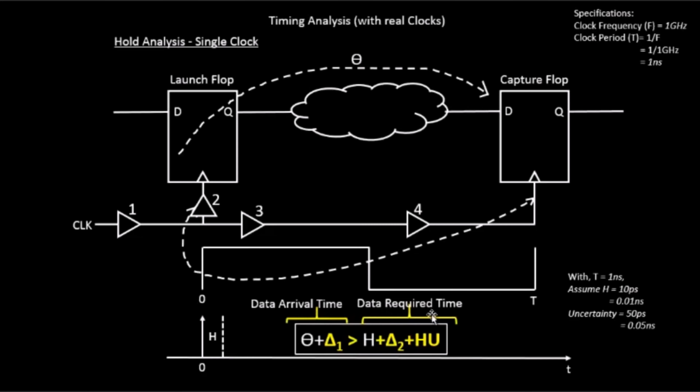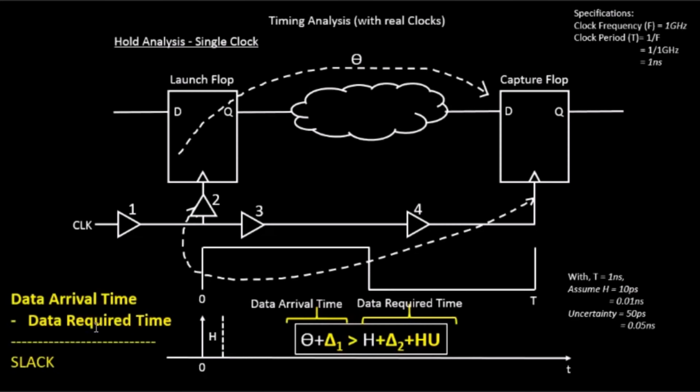This is exactly in contrast with the one that we had for the setup timing equation. So you might want to have a look into the setup timing videos as well to compare the equation between this one and the previous one. In this case, the data arrival time minus the data required time is called the slack, because that's when we expect a positive value. Slack should always be positive or zero.